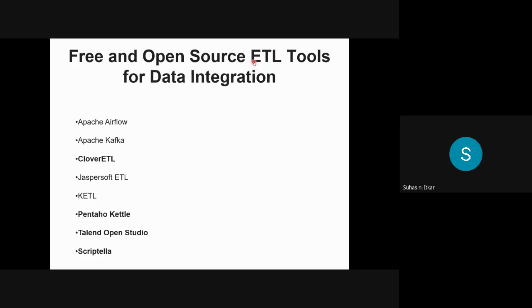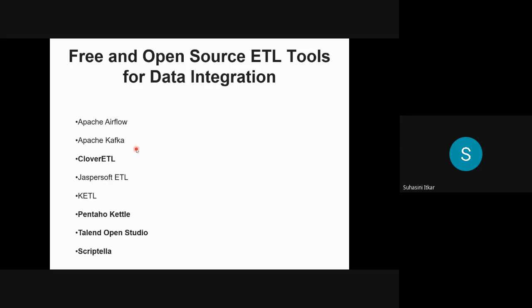Pre-processing is also called the extract, transform and load operation, the ETL process. These are the free open source tools: Pentaho, Scriptella, Jaspersoft, Apache Kafka. There are many other tools also available.